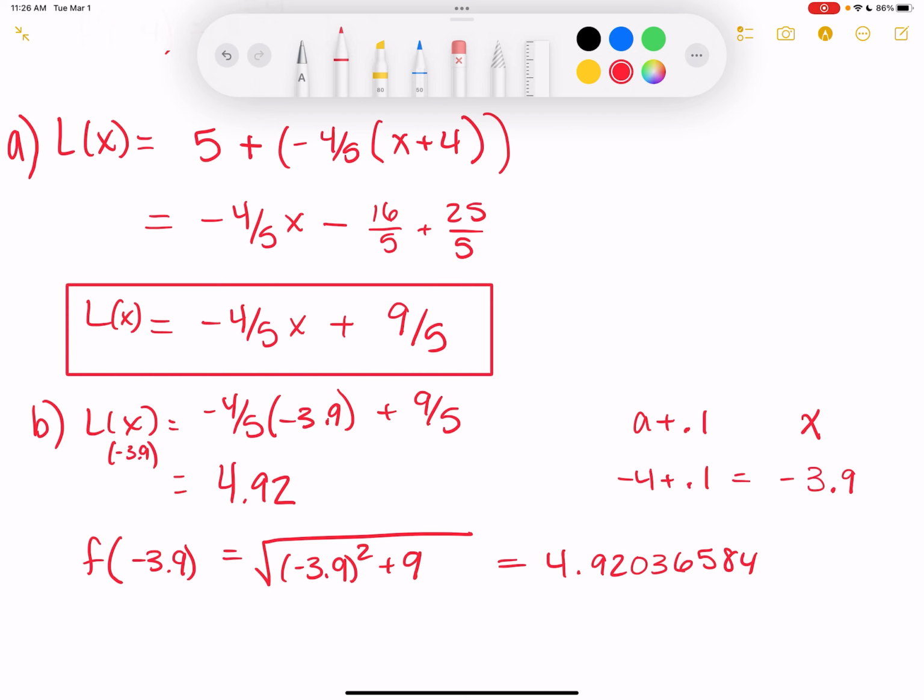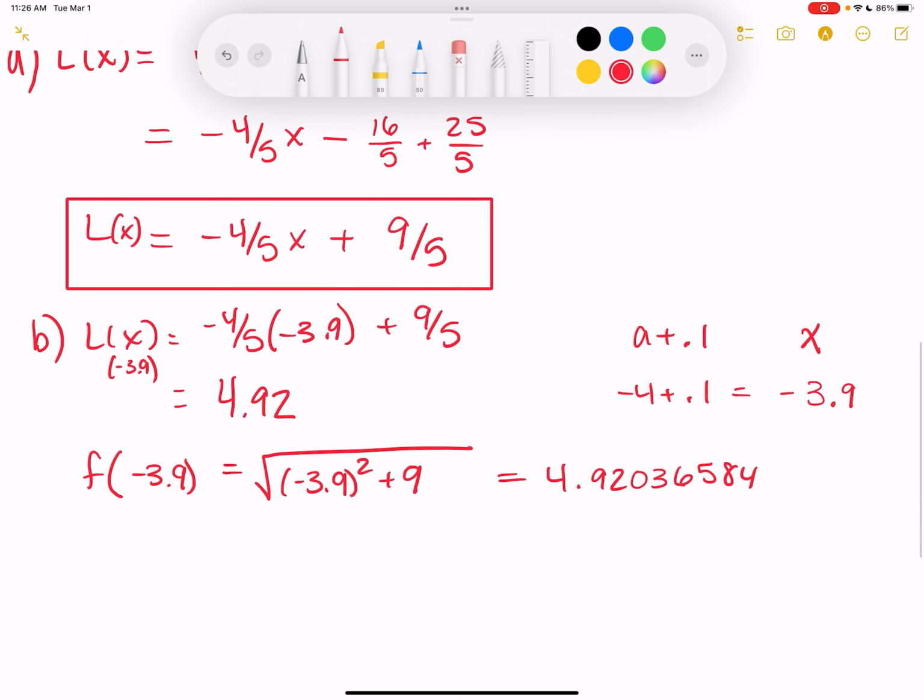So now what we're gonna do to figure out the difference, okay? We do this number minus this number. So 4.92036584 minus 4.92.